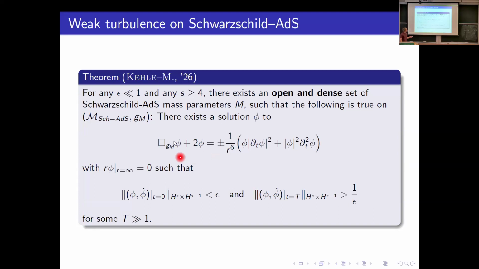If we study this nonlinear toy model of the vacuum equations on Schwarzschild-AdS with reflecting conditions at infinity, then for any small number epsilon that you give me and any Sobolev regularity high enough that you choose, I can find initial data which are small initially in HS, and if you wait long enough, they become large in HS. With a caveat: this is not true for all Schwarzschild-AdS spacetimes, rather for an open and dense set of Schwarzschild mass parameters.